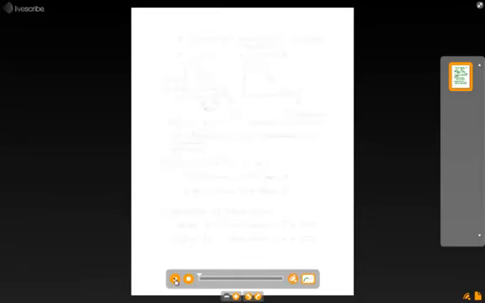The other thing under the price of related goods that will shift a demand curve is what we call complements. Now, a complement is a good or goods which are used together.